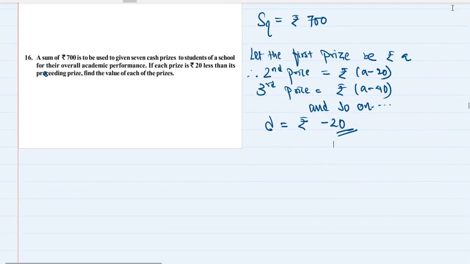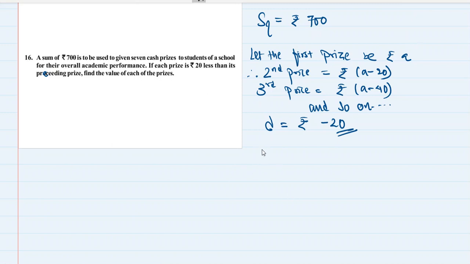So the common difference is minus 20. The first term is A. The total number of terms, we don't know how many students are there. And we know the total prize to be distributed, that is the sum of n terms, is rupees 700.